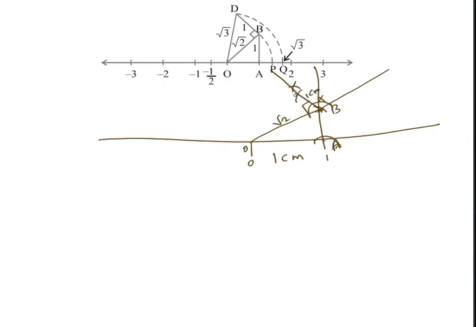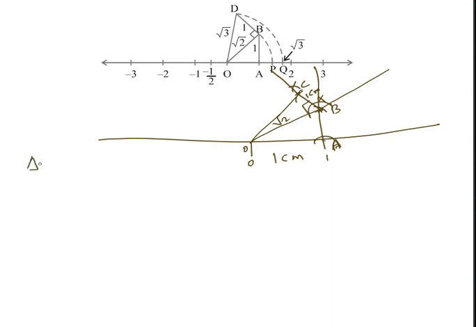If we take this point as C, the length of BC is 1 centimeter. We join it to the origin, and we get one right angled triangle, right angled at B.